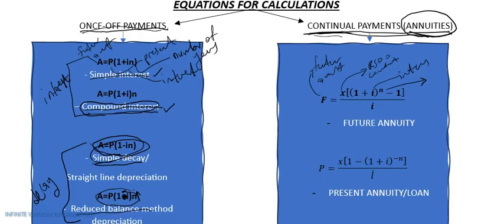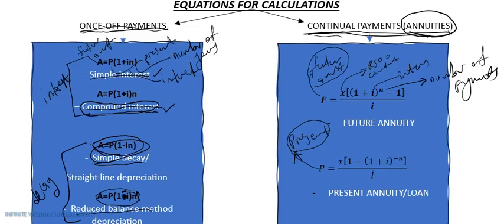In this one, the N is the number of payments rather than the number of years. And the P is the present value, or the present annuity is the bigger value that you get presently, whereas the future annuity is the larger value that you get in the future.